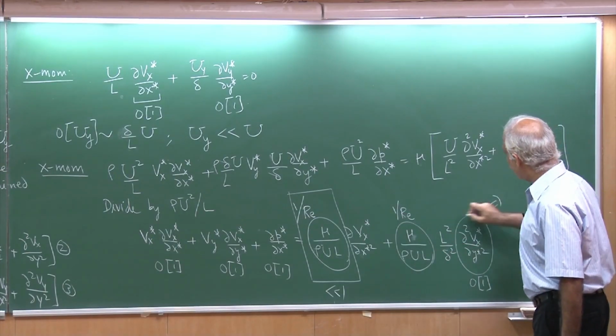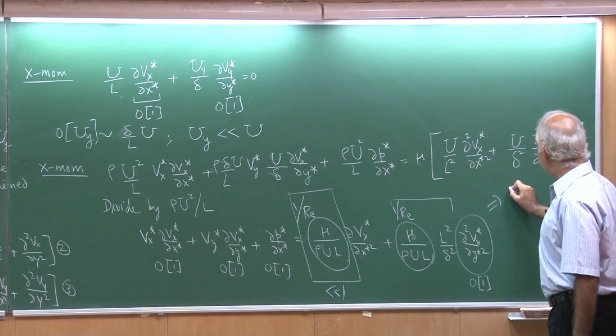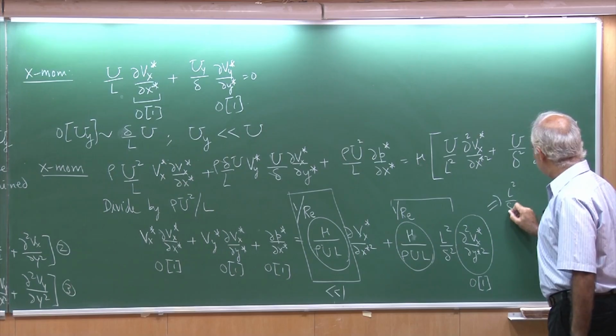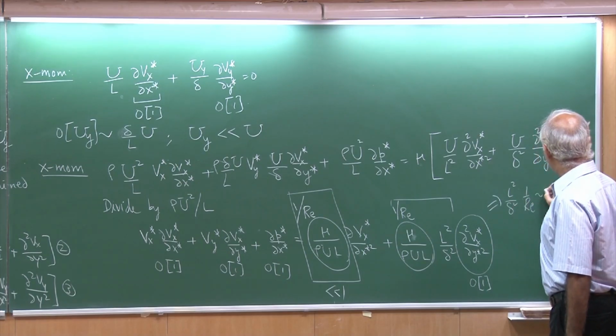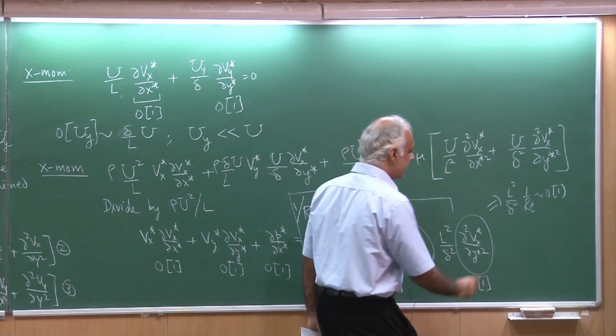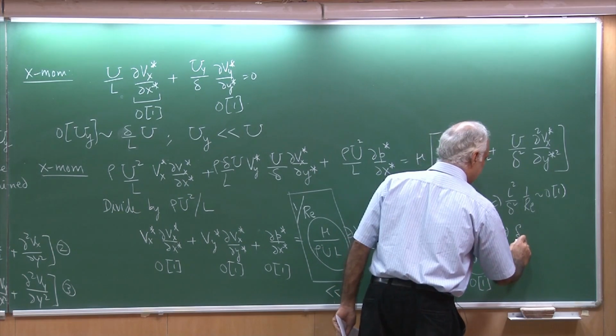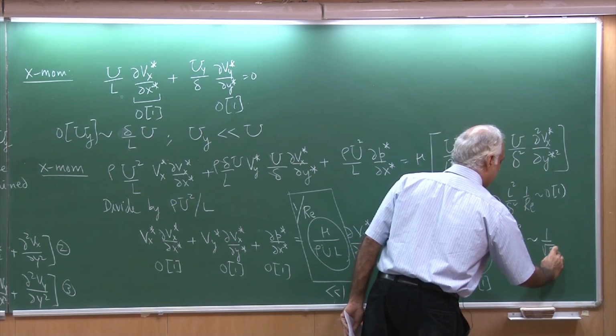So therefore these two terms actually imply that L square by delta square times 1 by Re should be of the order of 1. Which really means that delta by L is of the order of 1 by square root Re.